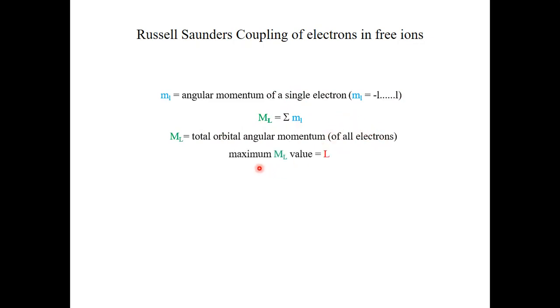Now the maximum capital ML value is called capital L. This is a quantum number of significant importance. It's called the total orbital angular momentum quantum number.